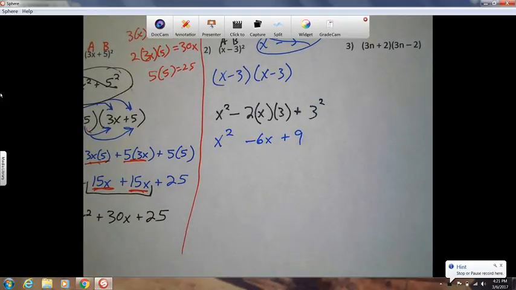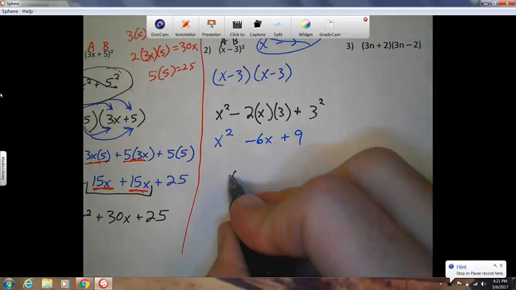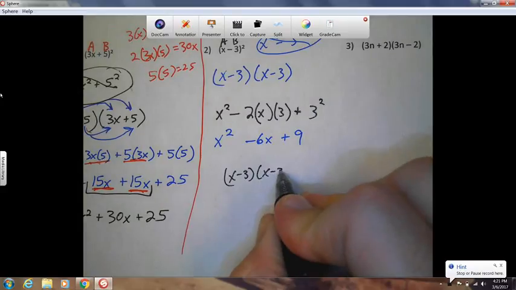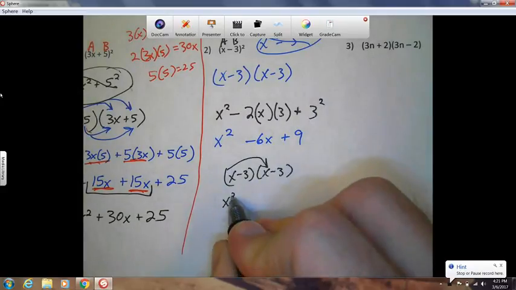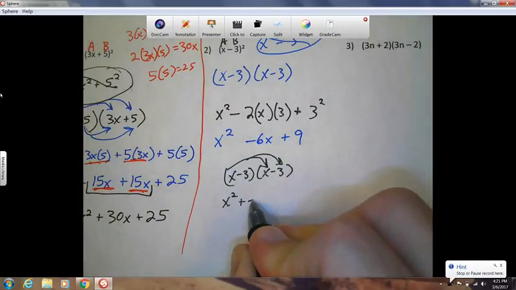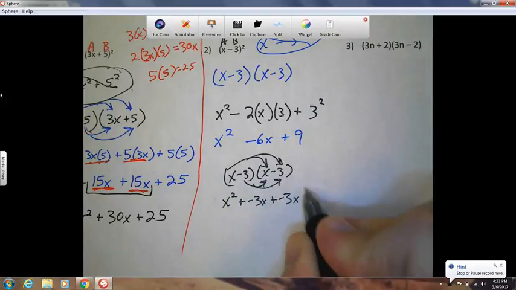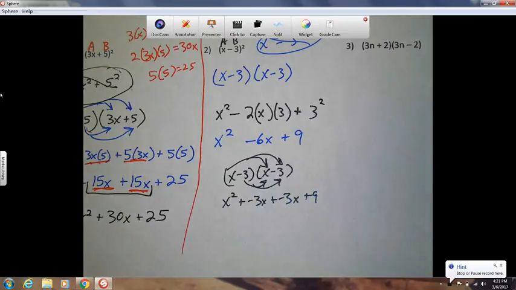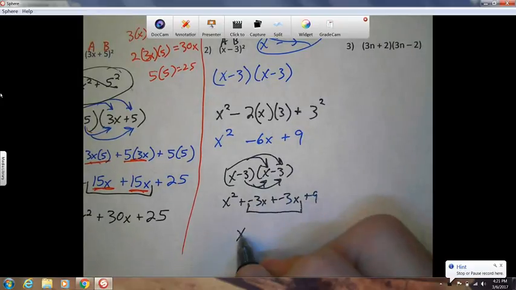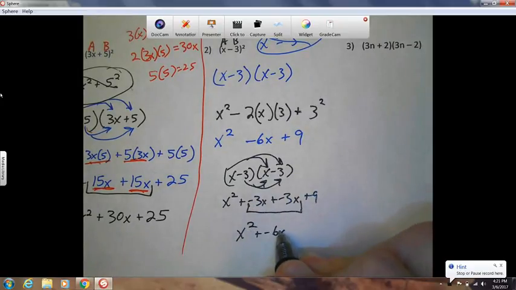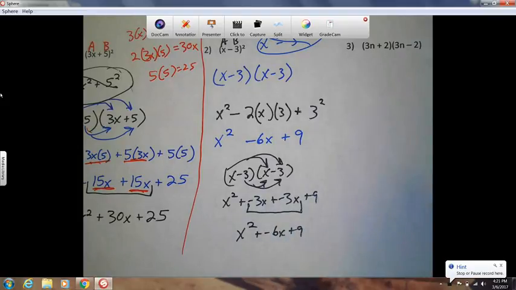I have x minus 3, so x times x is x squared, plus negative 3x, plus negative 3x, plus 9. Then I have two of these, so x squared plus a negative 6x plus 9. So you can multiply it out like regular binomials. Just want to show you that you can use that formula and get it a little bit quicker.